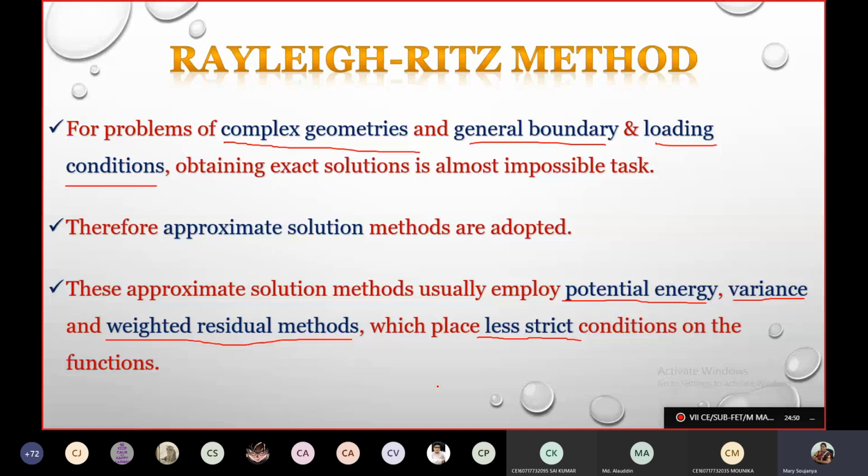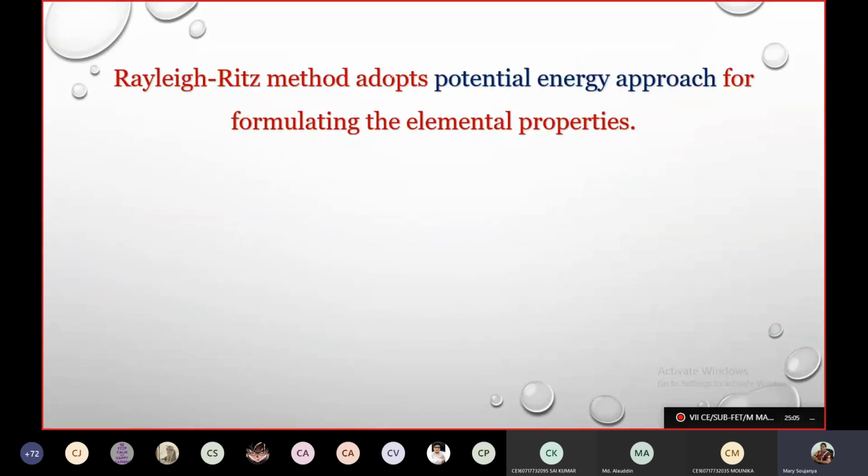We saw there are 3 types of element properties that can be taken into account to find the approximate solution. Now, the Rayleigh-Ritz method, which comes under the variational approach, considers potential energy to formulate the elemental properties.